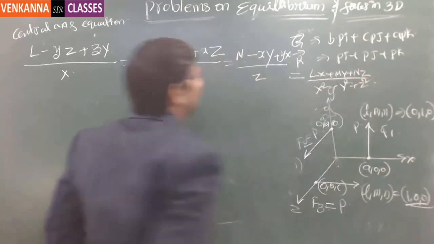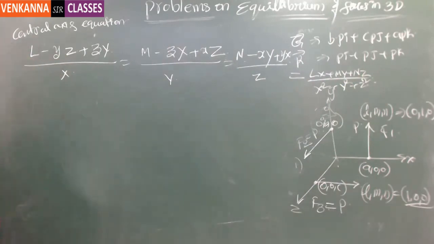So now we will substitute all these values in this equation. Now L value is BP. So this is Li plus Mj plus Nk, and this is Xi plus Yj plus Zk.